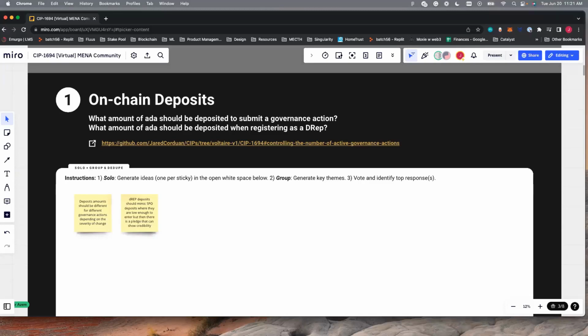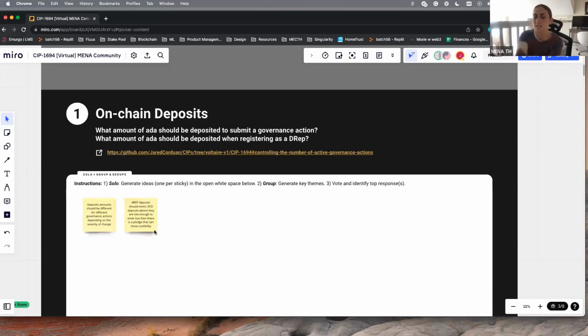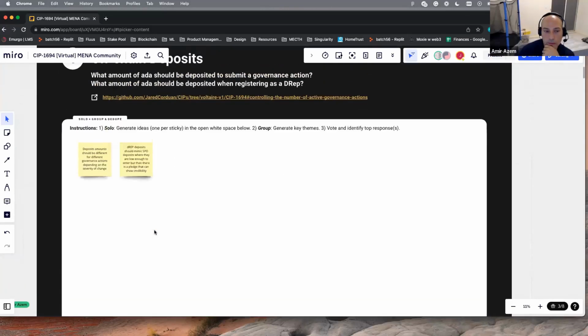Yeah, there needs to be repercussions if people are delegating to a DApp that just never shows up or never votes. I don't know if that should be baked into the actual design itself, or if that's a social thing where you need to follow up. If your DApp isn't doing anything, just move your funds to another DApp. Yes, and maybe later on, the rewards part might be linked to that. That's on the side, which we can get to.